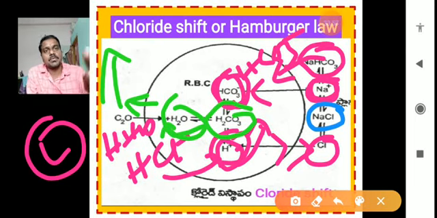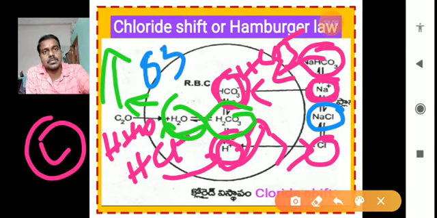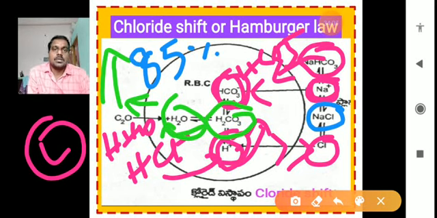Right? Everybody knows that RBC transfers oxygen into the cells, meaning hemoglobin transfers the oxygen into the cells. But not only that, 85% of the carbon dioxide is also transferred with the help of RBC, to eliminate the carbon dioxide.